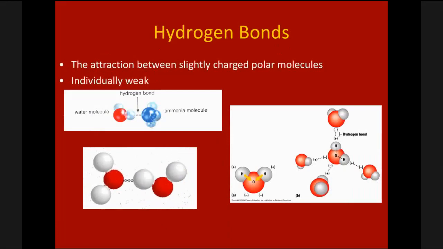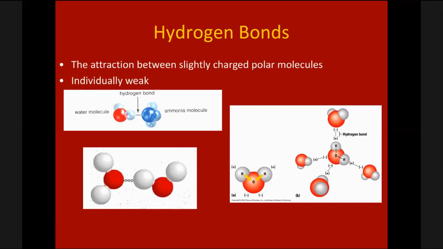The slight negative end of one water molecule is going to be attracted to the slight positive end of a neighboring water molecule, and they're going to come together and form what's called a hydrogen bond. The hydrogen bond is just an attraction between slight charges, so it's not very strong individually. It's going to form and break, form and break, like you see in the GIF. Does that make sense? Hydrogen bonds.